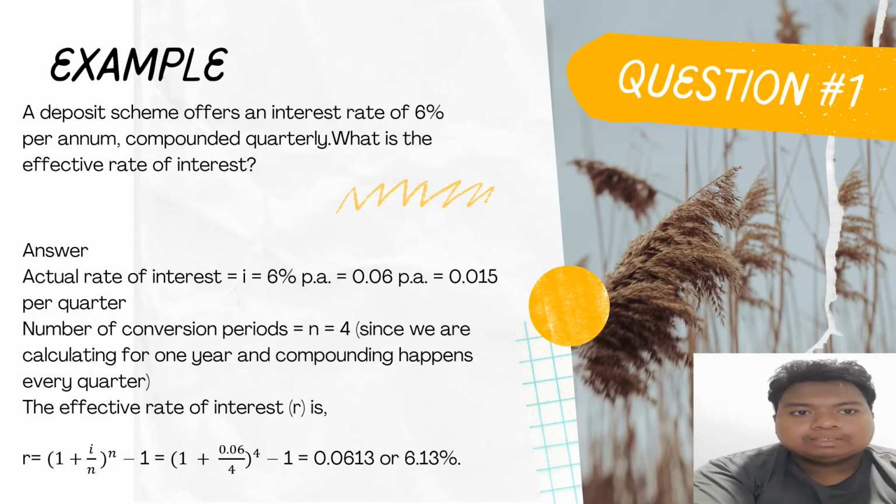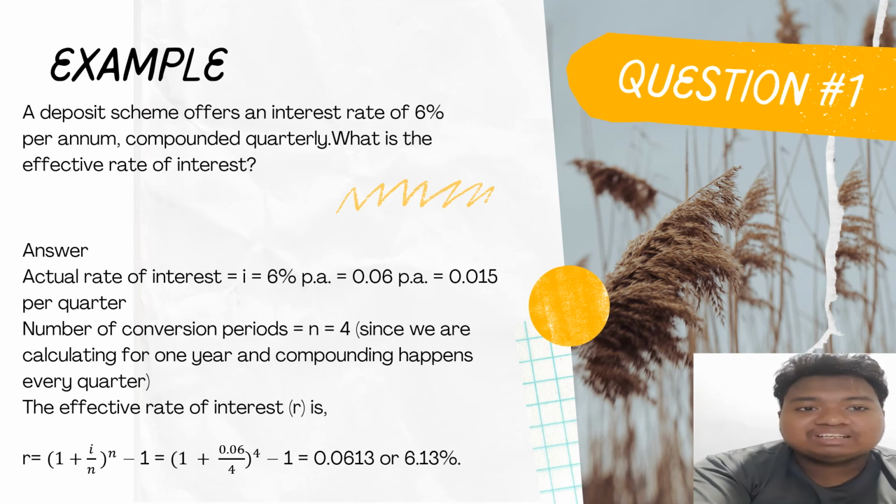For the example, question 1. A deposit scheme offers an interest rate of 6% per annum compounded quarterly. What is the effective rate of interest? The answer: the actual rate of interest is 6% or 0.06, so 0.015 per quarter.